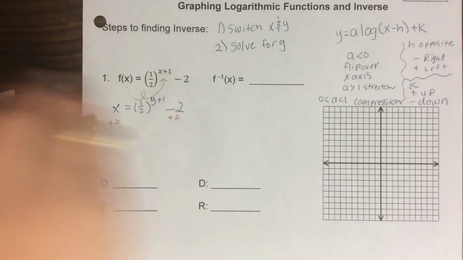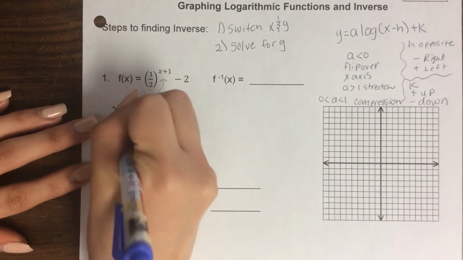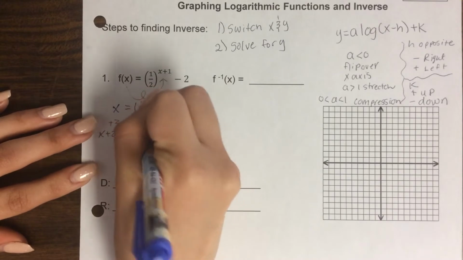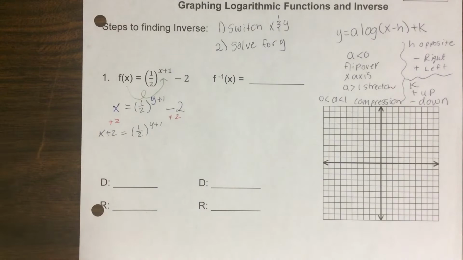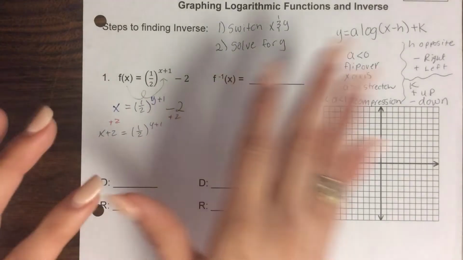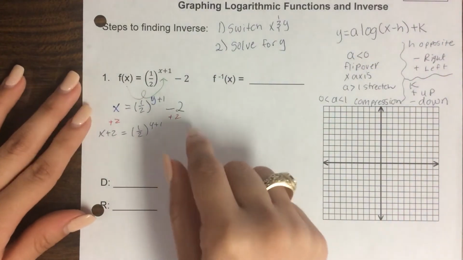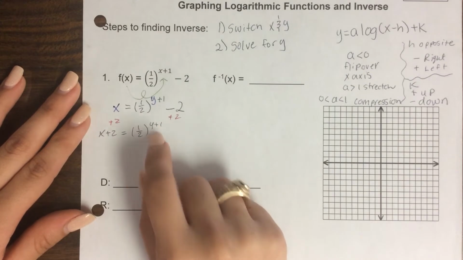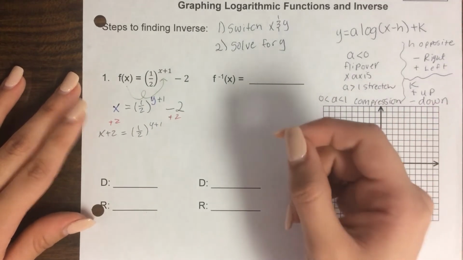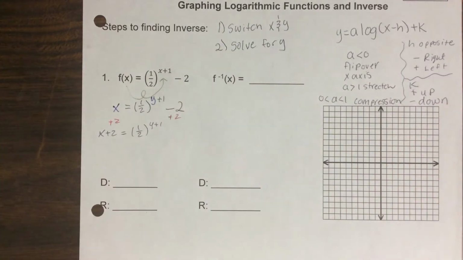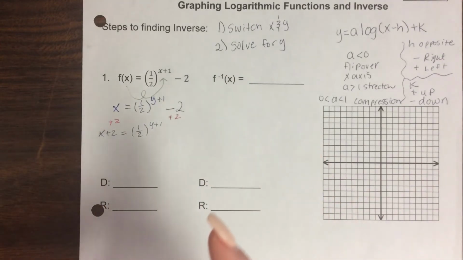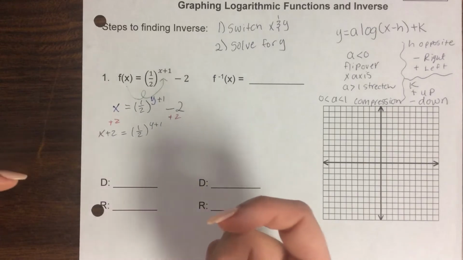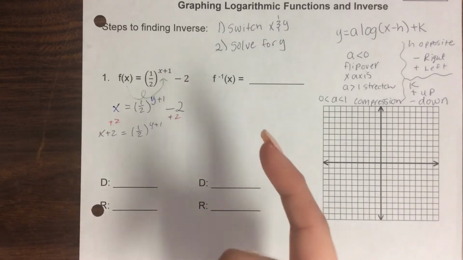Okay. So we have x plus 2 is equal to one half to the power of y plus 1. Now the complicated part is like, oh no, I have the y in the exponent. How am I going to get it down? So we learned in the previous one, logs and exponentials are inverses of each other.